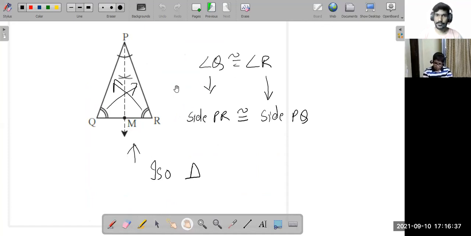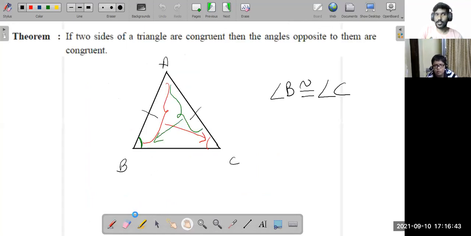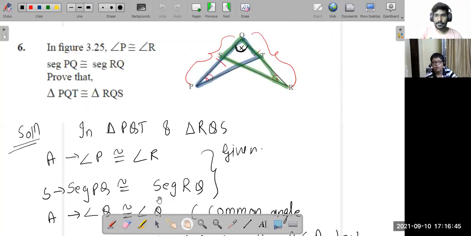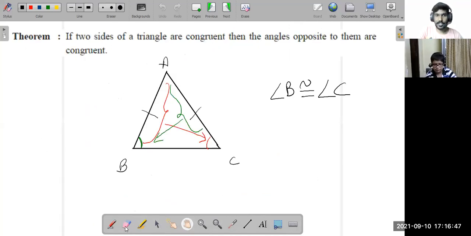Remember this? In an isosceles triangle, two sides are equal to each other. You know that. Now the angles which are opposite to these sides are also congruent to each other.